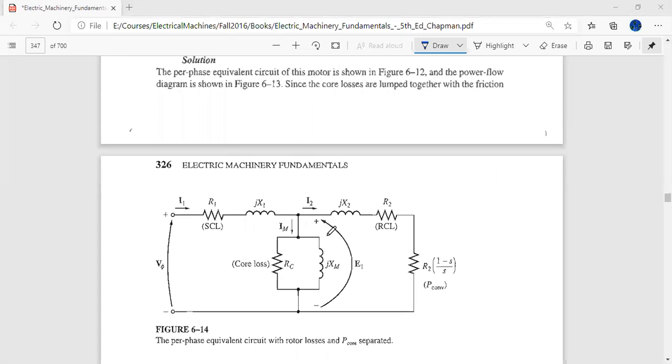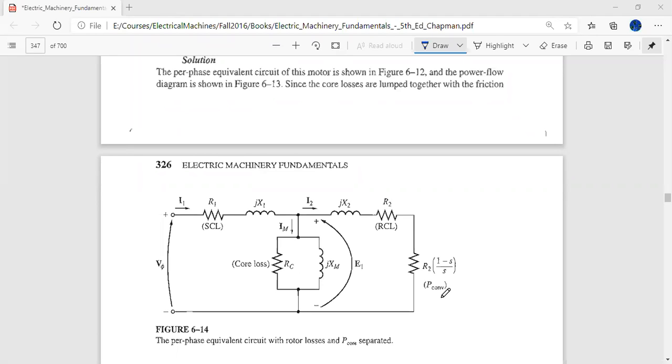Okay, so we basically know that we can solve the induction motor using the equivalent electrical circuit, and the electrical circuit not only helps us to find the electrical parameters such as the stator current, stator copper loss, core loss, rotor copper loss, but also the mechanical parameter such as converted power.